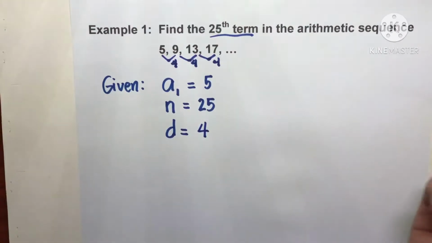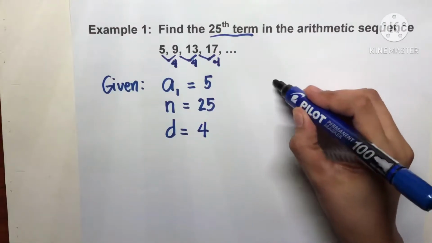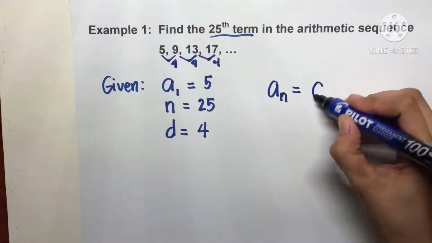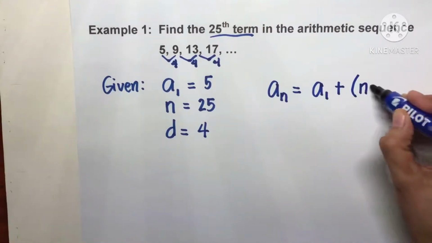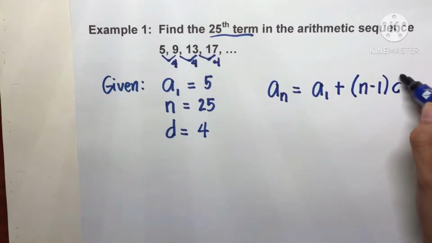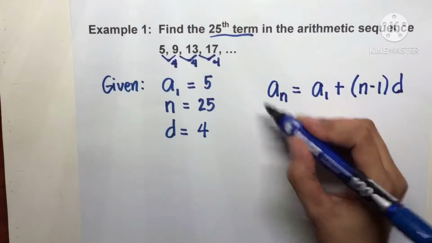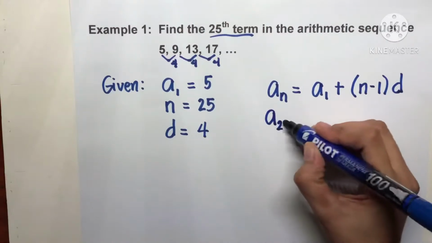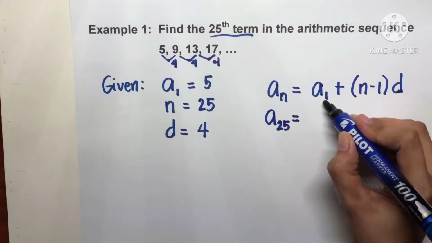So to solve for the 25th term, of course, we will use the formula. Okay, for the arithmetic sequence, a sub n equals a sub 1 plus the quantity of n minus 1 times your common difference d. So we need to find the 25th term. So we have here a sub 25 equals our first term. We will substitute.